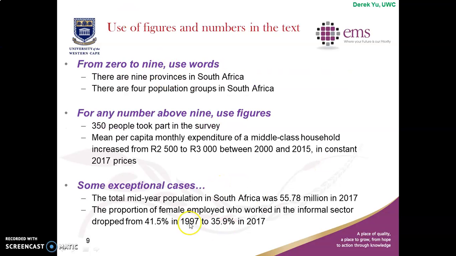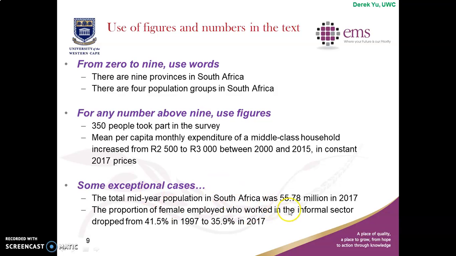Okay, and then some other hints to make your writing reader friendly. For numbers from 0 to 9, just type the whole words actually. There are nine provinces in South Africa. There are four population groups in South Africa. For numbers above 9, use the figures instead of typing the words. So 350 people took part in the survey, and then you can see these figures, monthly expenditure. So show it in numbers.